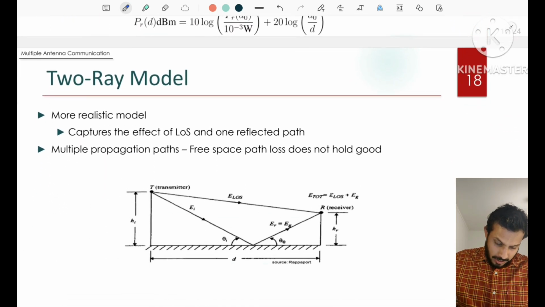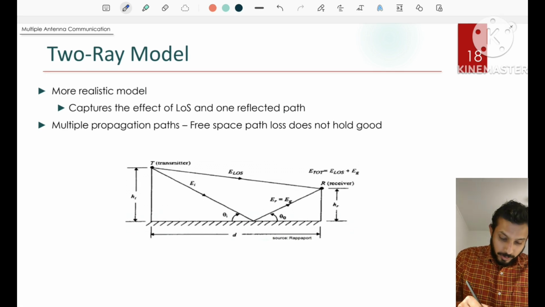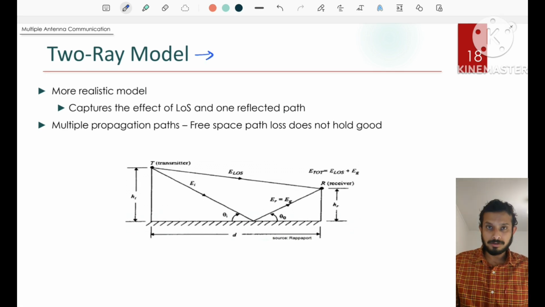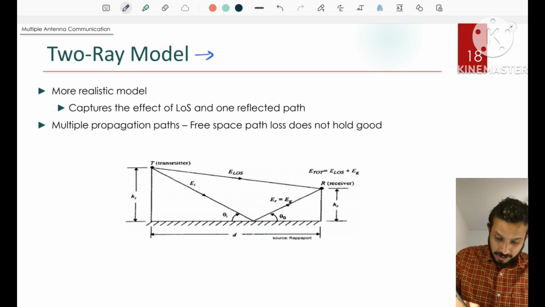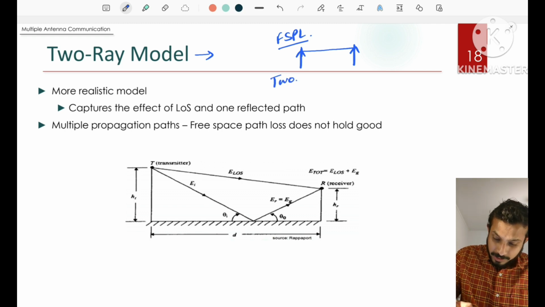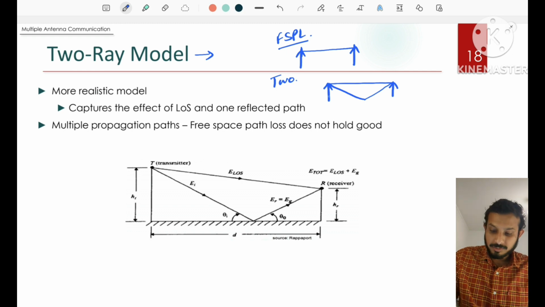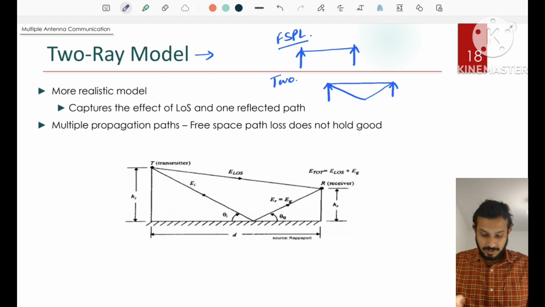Now, to capture these large-scale propagation effects, the two-ray model is a simplified model apart from the free space path loss model, which only considers the line of sight link between the transmitter and the receiver. But the two-ray model not only captures the line of sight path, but it also takes into account one reflected ray between the transmitter and the receiver.